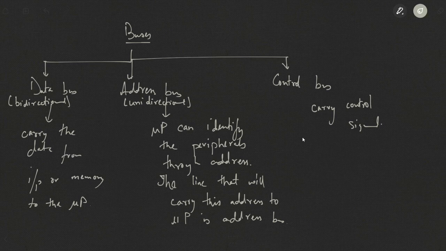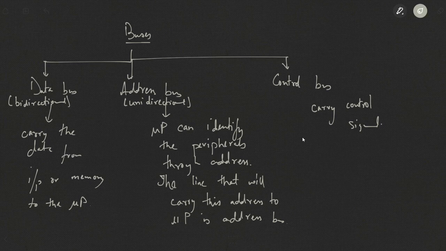So we'll leave it at this point today. Today we have discussed the basic introduction to microprocessors, what microprocessors are, and how they are different from microcontrollers. We have discussed the language that the microprocessor understands, and its structure.